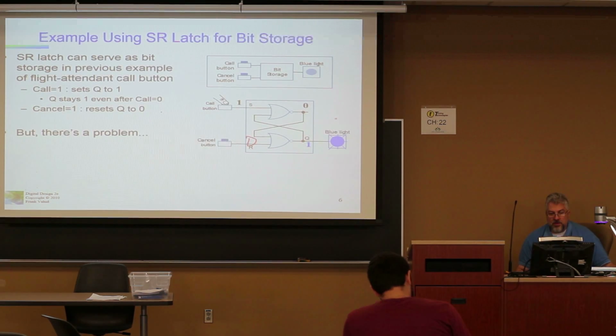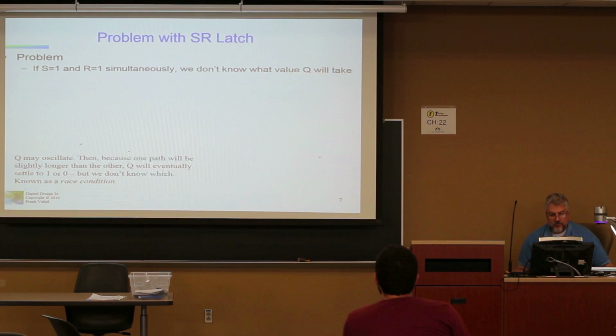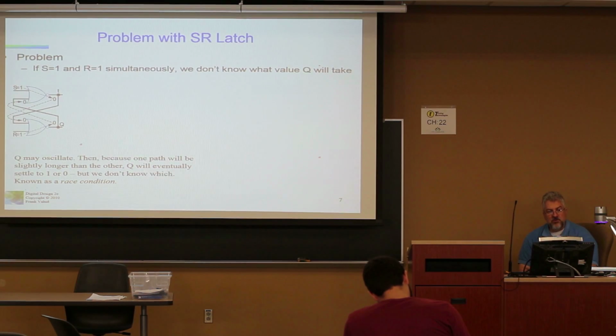So the problem is, if S1 and R1 are simultaneously changed, you don't know what the Q value will be, so we'll take a look at this. Let's say you set S1 and R1 to 1 at the exact same time.